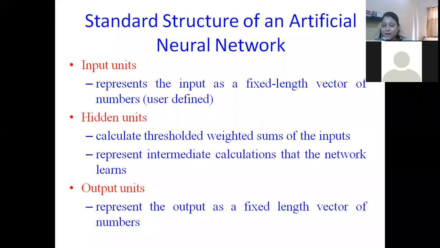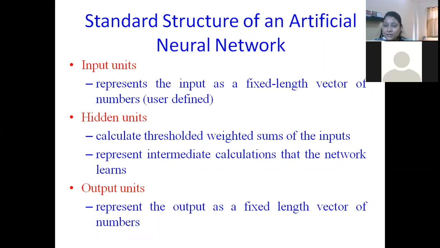Whatever an artificial neural network does happens inside this hidden layer. Basically, the weight adaptation, weight adjustment, weight updation procedure takes place there.